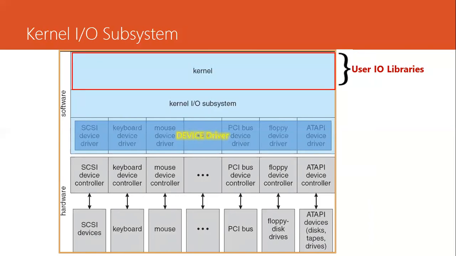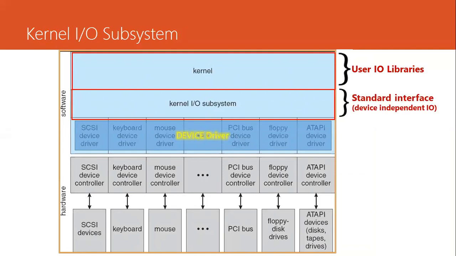The user only needs to be familiar with the parameters of these functions without knowing much about the hardware, using these high-level libraries. The user invokes the kernel IO subsystem, which is actually part of the kernel that interfaces the user with the device controller.